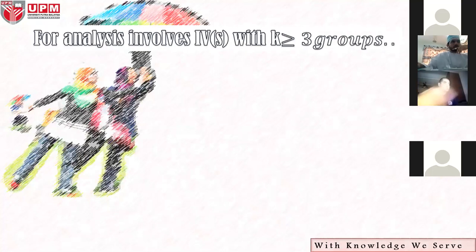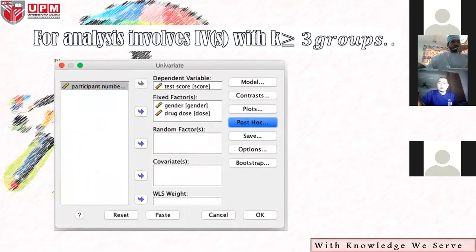But let's say one of your IVs has more than 3 groups. This is a special case, and you need to click post hoc. In our case, we do not have any independent variable with more than 3 groups. Both of our independent variables have 2 groups only.